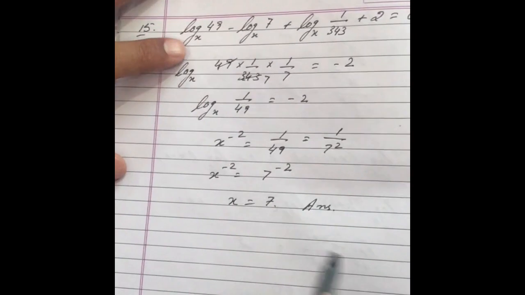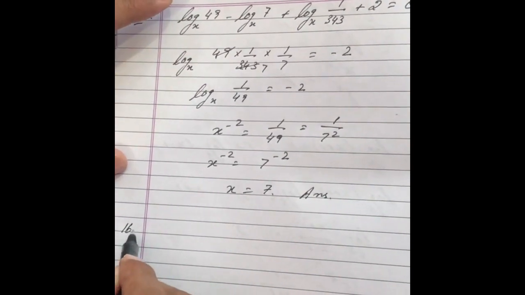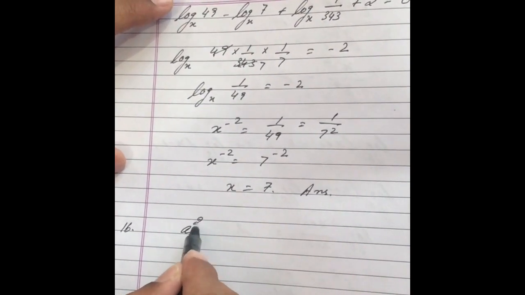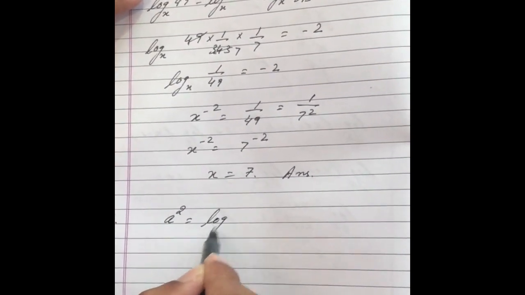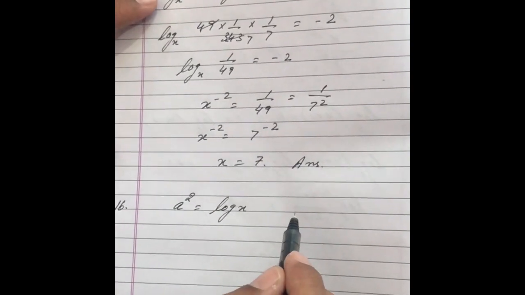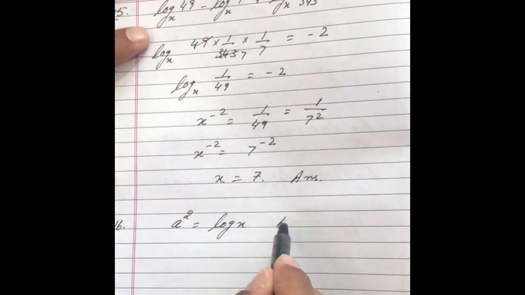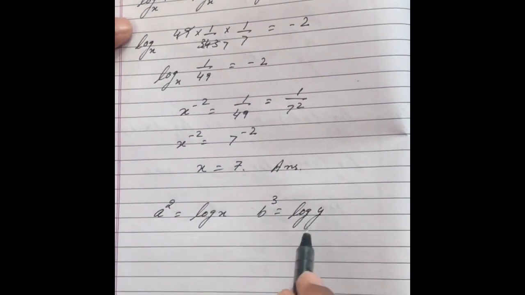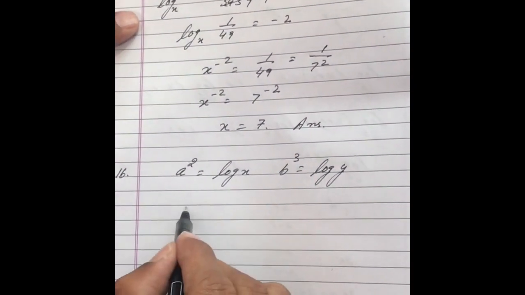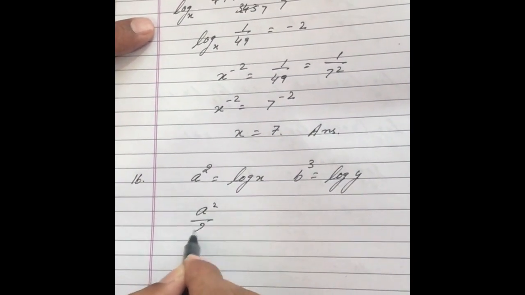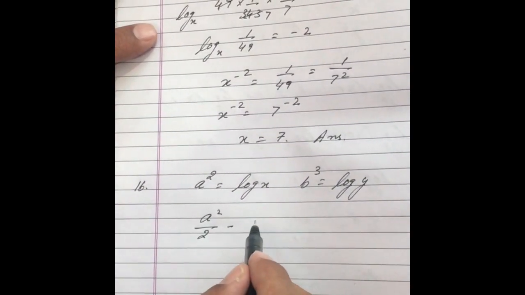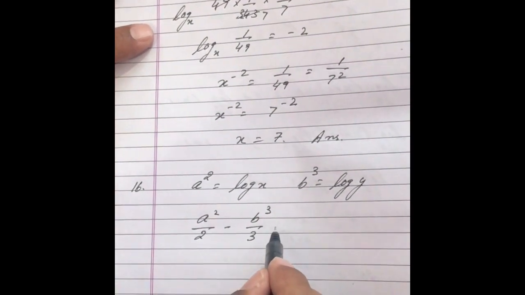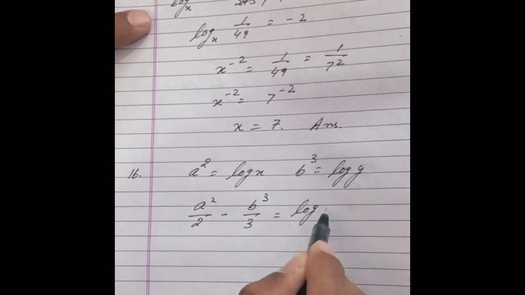Then question number 16. If a square is log x, b cube is log y, and a square upon 2 minus b cube upon 3 is log c.